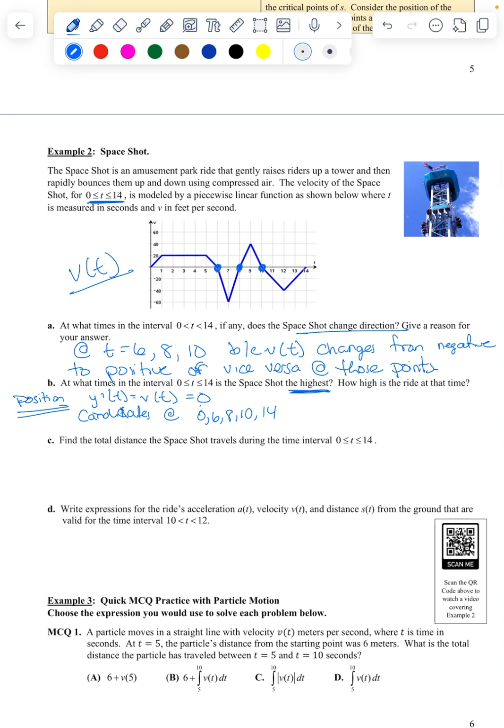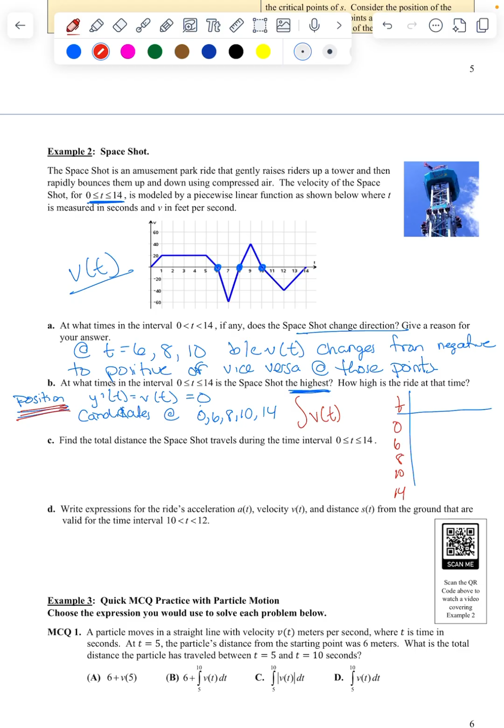So when we're checking this, to figure out the position for t equals 0, 6, 8, 10, and 14, we know that we got to do the position function. Well, now we know that position function is going to be the integral of velocity.